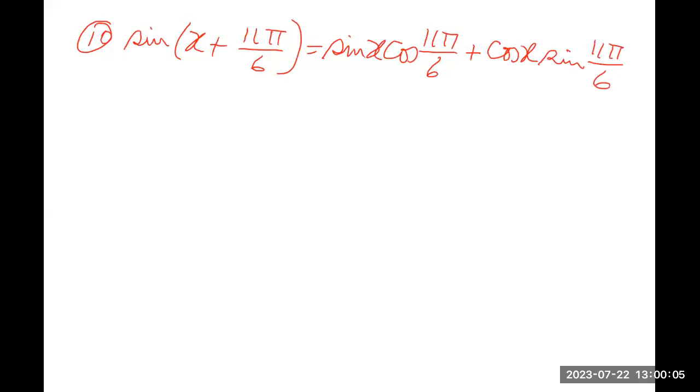Now, 11 pi over 6 is, if you trisect the quadrants and count to 11, 1, 2, 3, 4, 5, 6, 7, 8, 9, 10, 11. So you basically end up here.